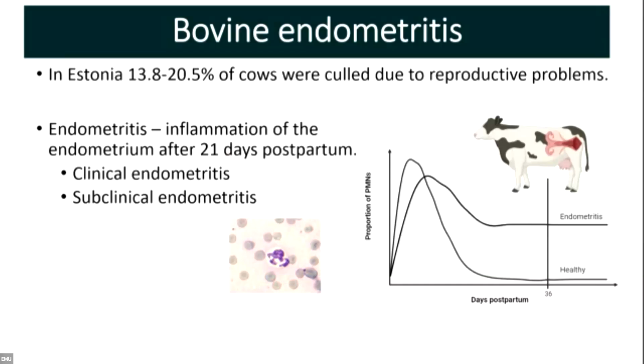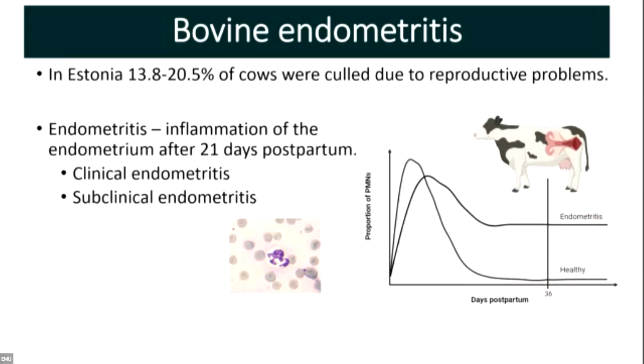The primary diagnostic approach then is the proportion of polymorphonuclear neutrophils, which is always higher compared to healthy cows. But this proportion really depends on when the samples are taken and can have many different factors that can influence the proportion that can be detected via cytology.